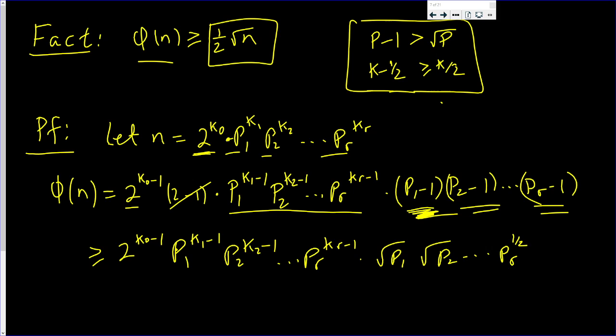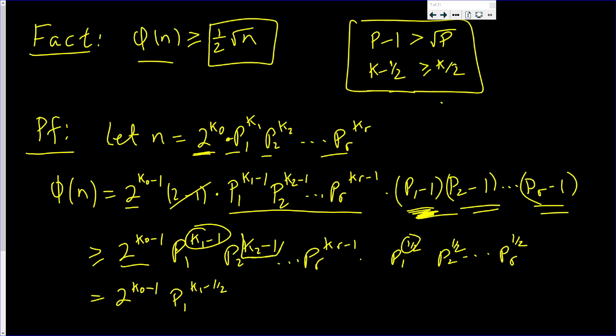But you know what? I'm going to write the powers 1/2 instead of using the radical sign. Now, this is equal to 2 to the k sub 0 minus 1 times p1 to the k1 minus a half, because we have k1 minus 1 plus a half.